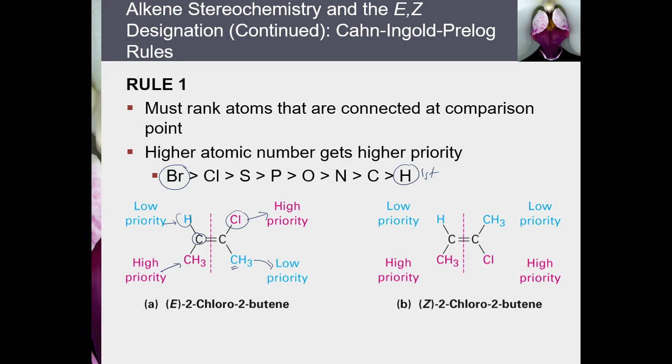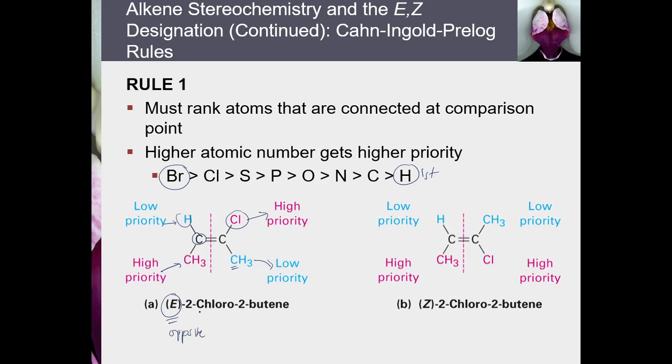So in this side, CH3 and Cl, ano yung positions nila? Is it on the opposite or the same side? So yung CH3 and the Cl, which are your high priority groups, are located on the opposite sides. That's why we will designate it as E. So E for opposite.